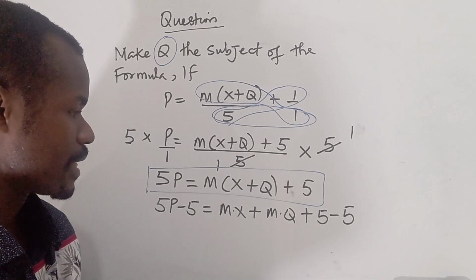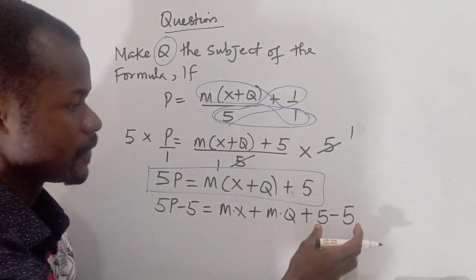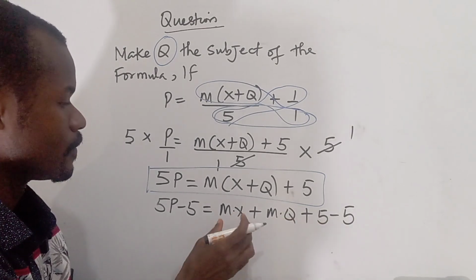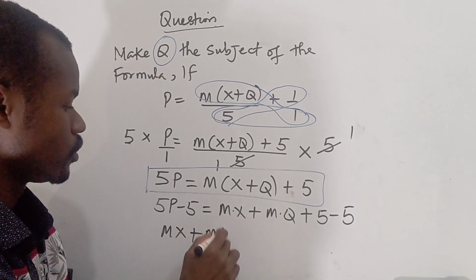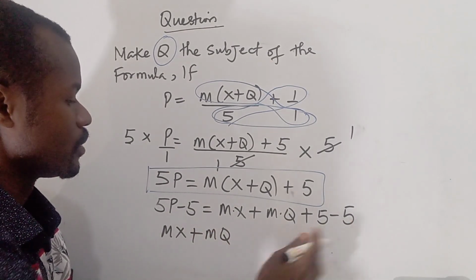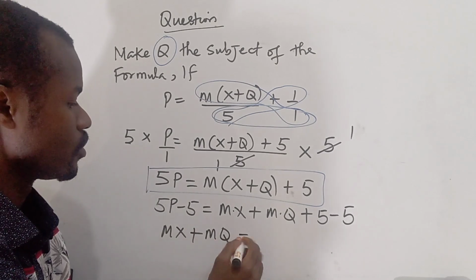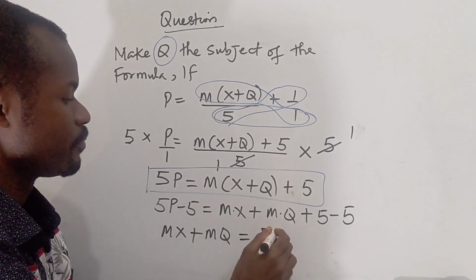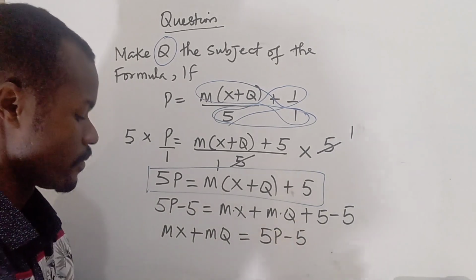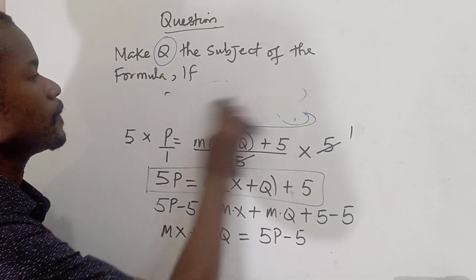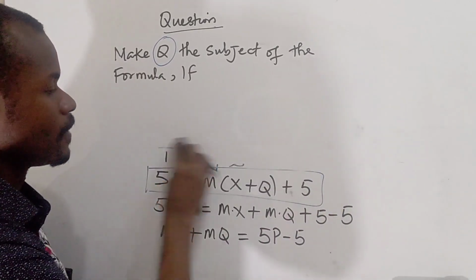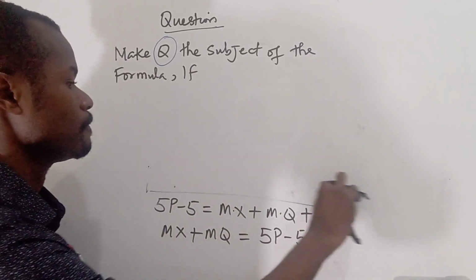So let's see what that gives us. So this is 0 plus all this. So I have mx plus mq plus 0, which is still all this, is equal to 5p minus 5. All right. So from that, we are very close to our answer.